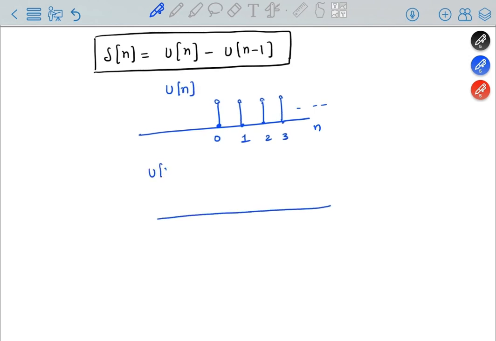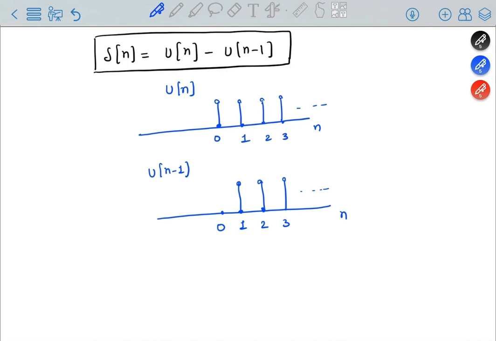We want the plot of u of n minus 1. How can we plot it? Yes, you guessed it right, we will have to shift our signal to the right by 1 unit. So now the signal will look like this. This is n equal to 0, 1, 2, 3 and so on.